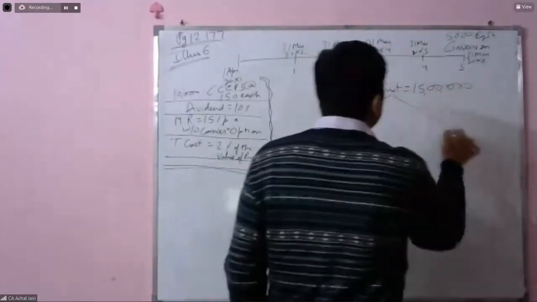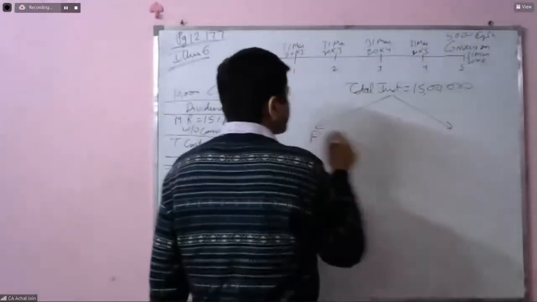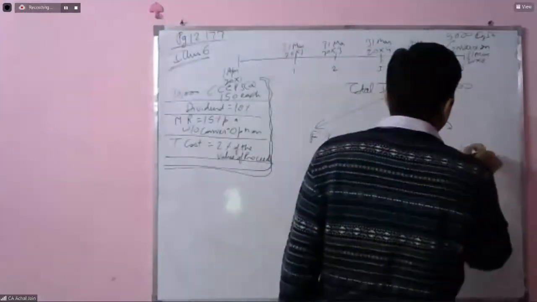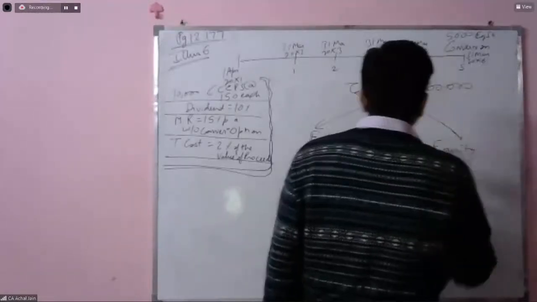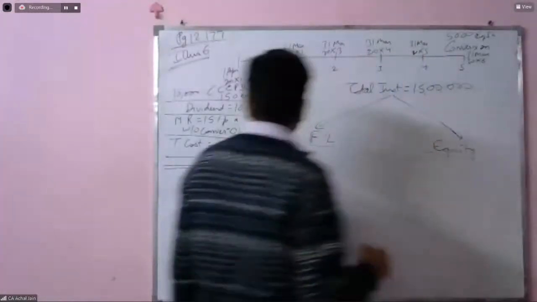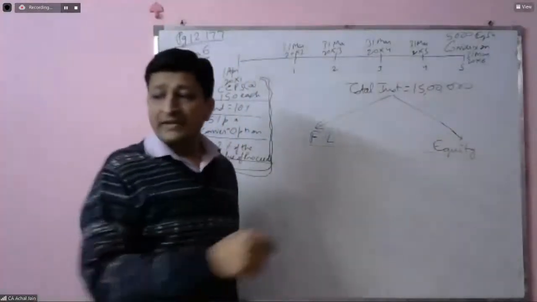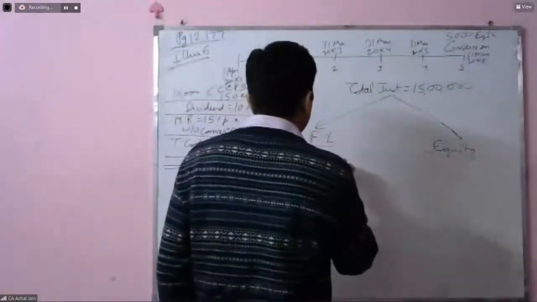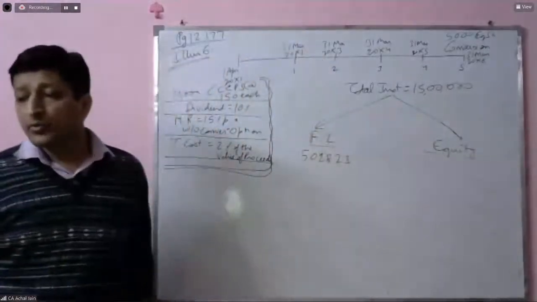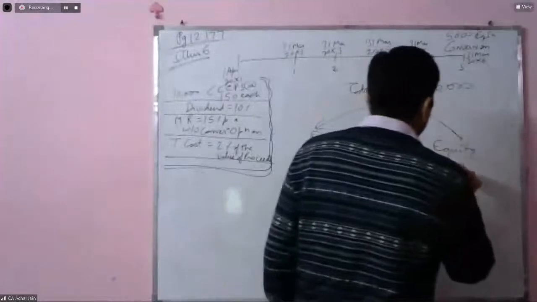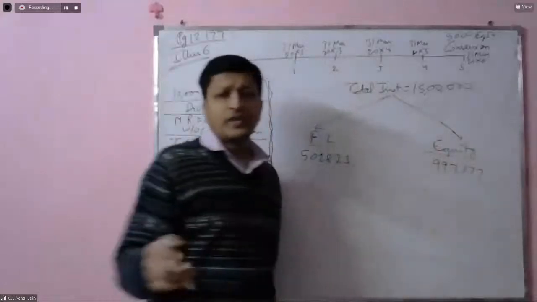So we have divided this into two parts: financial liability and equity. The component of financial liability is 5,02,823, and the component of equity is 997,177, if we remove the decimal places.